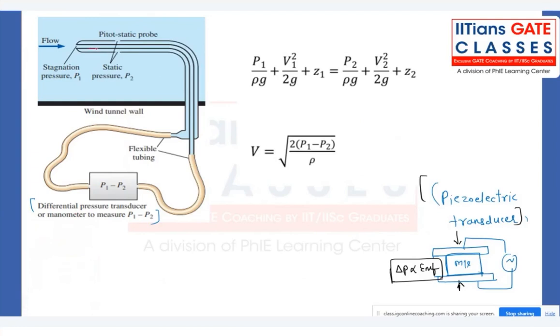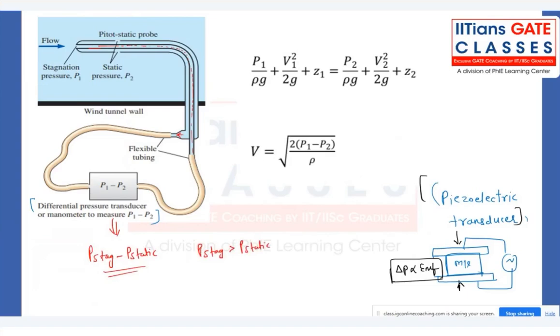See, the red color one is connected to one end of the transducer, and the other end of the transducer is connected to this pitot static, this static probe, and directly it will give me the reading of P stagnation minus P static, because P stagnation is more than P static.